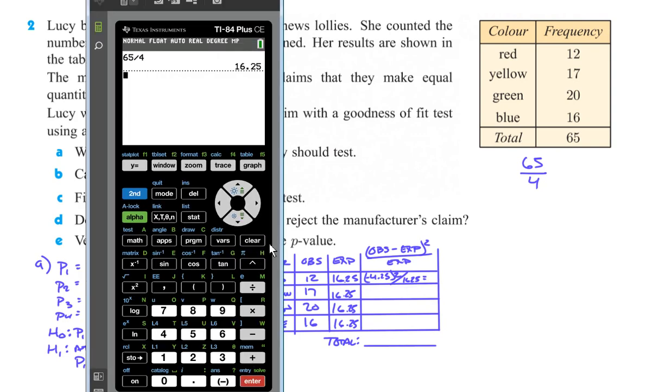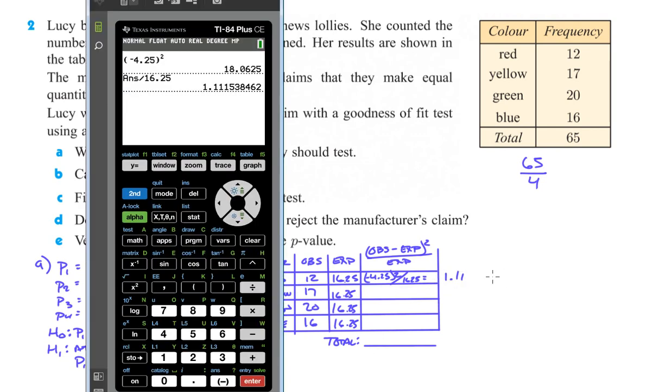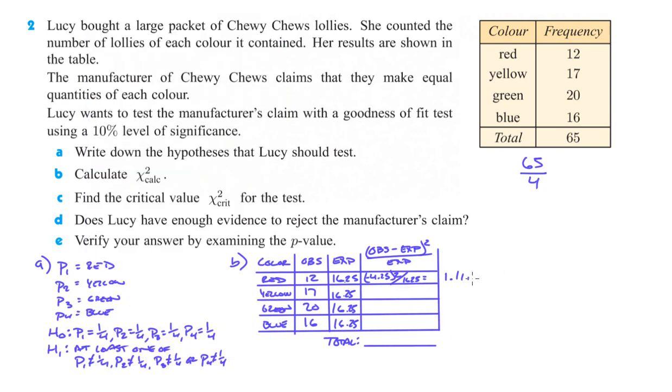So just to do one by hand, we will do parentheses negative 4.25 squared. That gives us 18. Divide that by 16.25 and we get 1.1115, right?